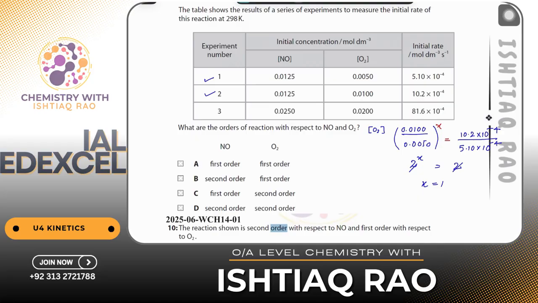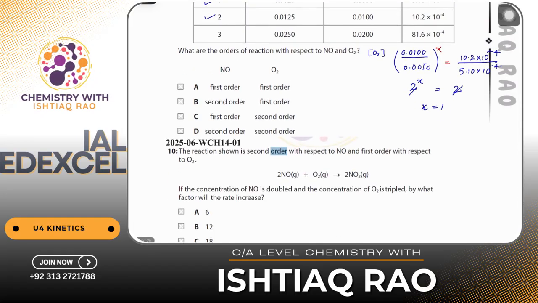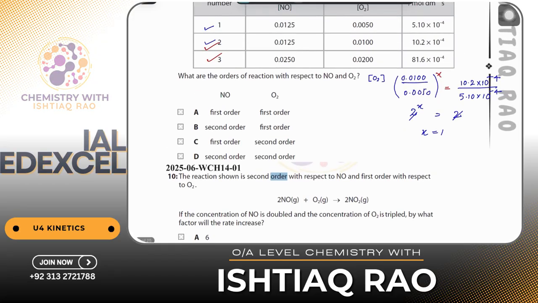So when I check the options, for the oxygen, first order, this is wrong, isn't it? So it may be A, it may be B. Now I have to see the order with respect to NO. Now what would I do? I'm going to take experiment 2 and 3. Let's say 0.0250 over 0.0125.